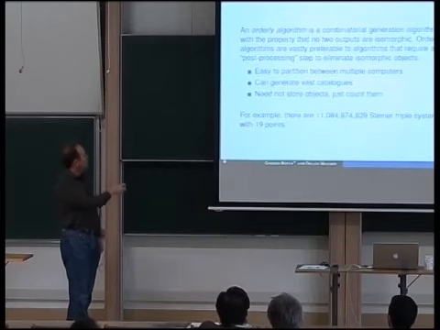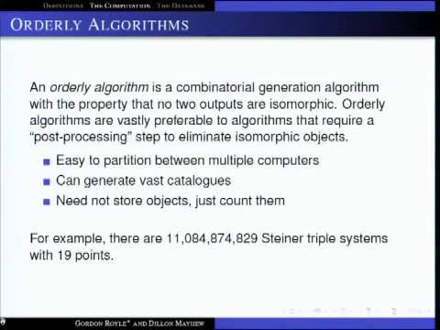Why are these algorithms important? Well, you can partition the search between multiple computers. You can generate vast catalogs because you just keep going and writing them to disk or something. Or you need not even store them, you can just count them. And usually you can partition the algorithm across different computers because you kind of know what order these things are going to come out in.